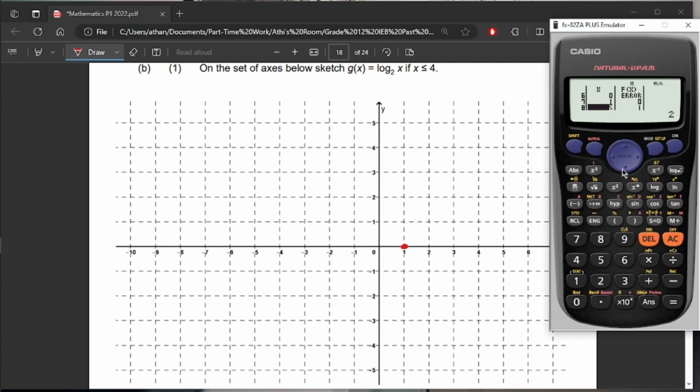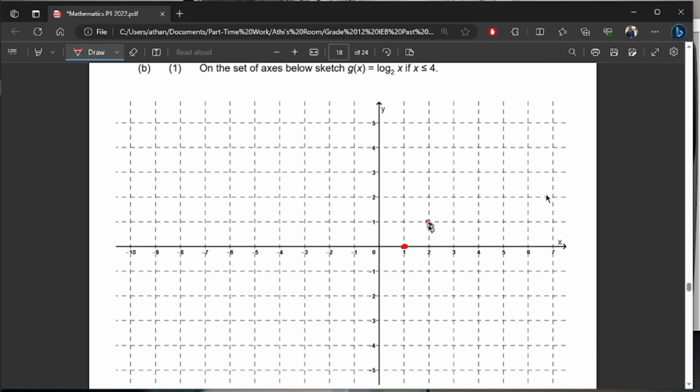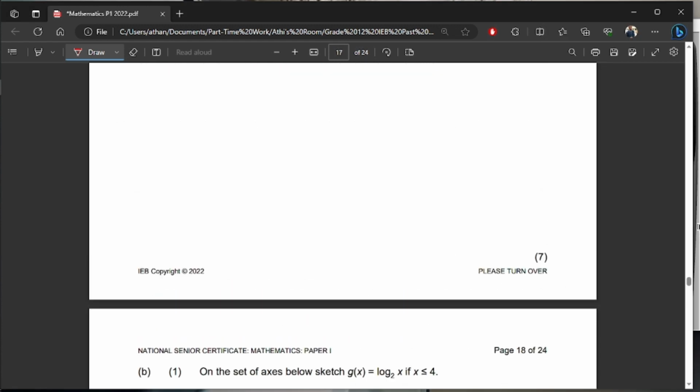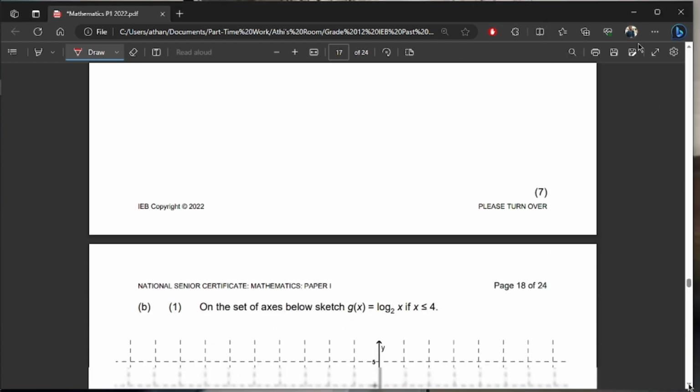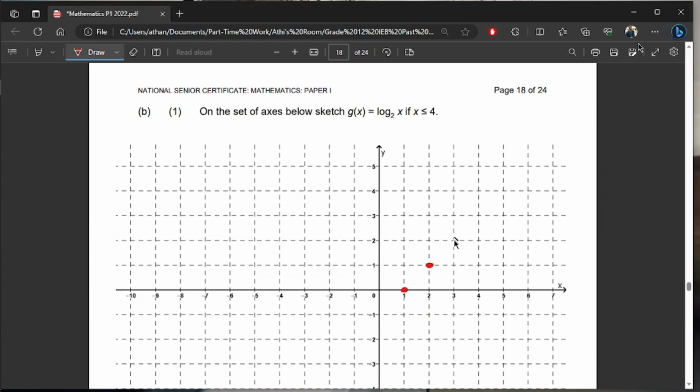Okay, 2 for x, 1 for y. Oh no, what did I do? So that's 1,58. It's more like 1,6. And then 3 for x, 1,6, somewhere there.